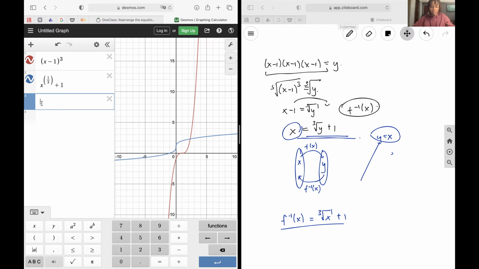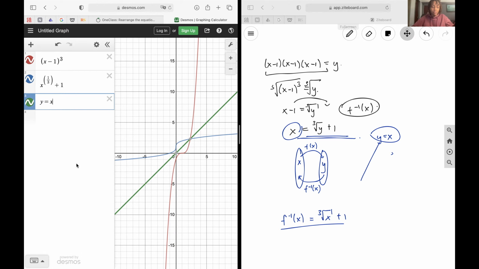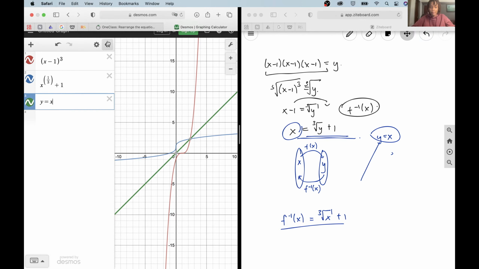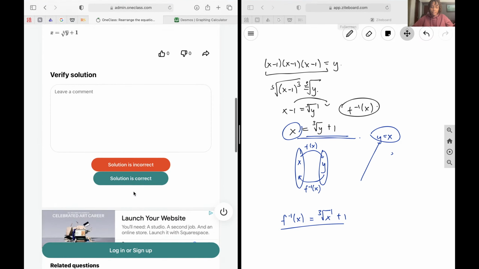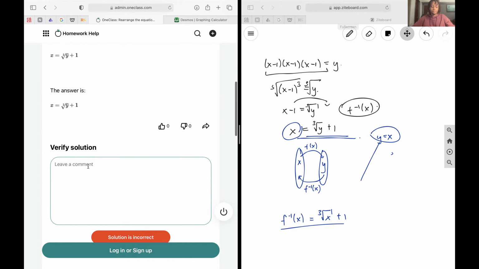And if I quickly draw my line y is equal to x, I'll see that the blue line, what I just found, is a reflection in the line y is equal to x. So it's the inverse of my initial function. And so it's how I'd go about finding y in this case, sorry, x in this case, if I have a certain value of y. And that's all that's going on with this question.